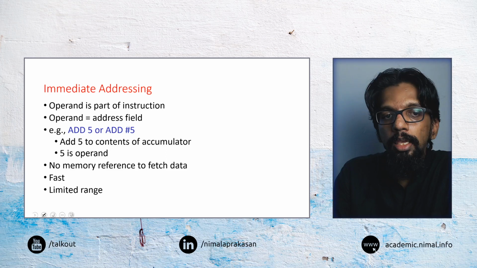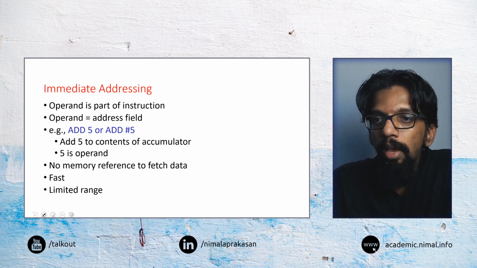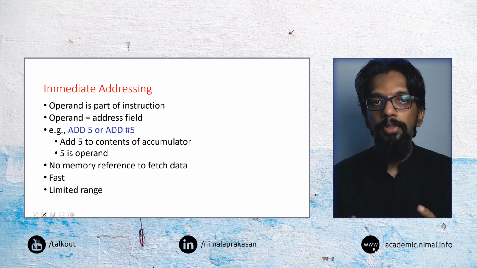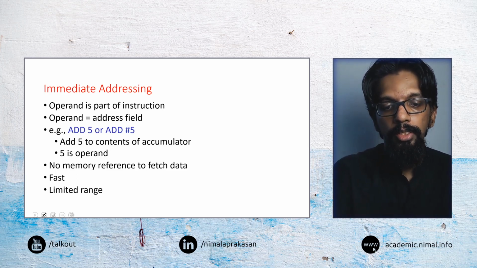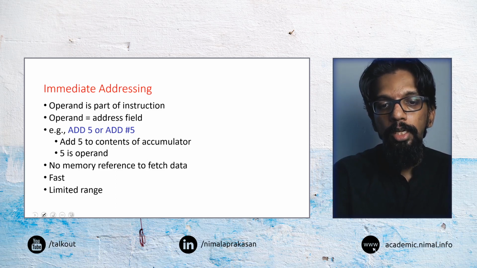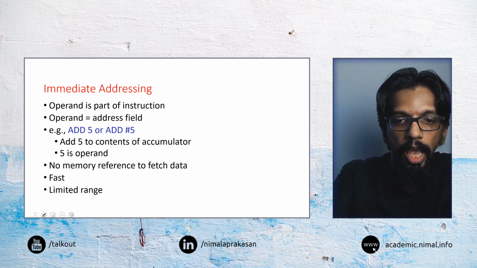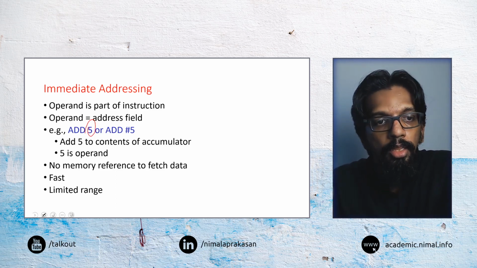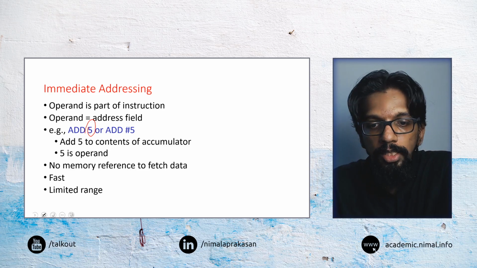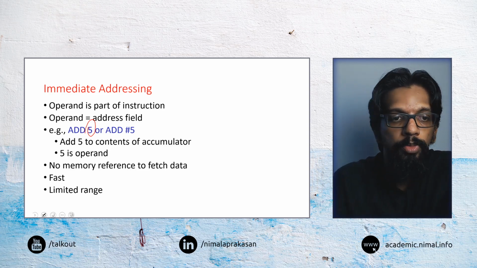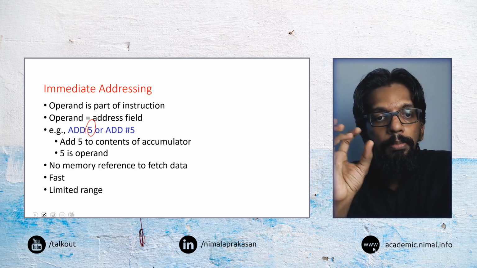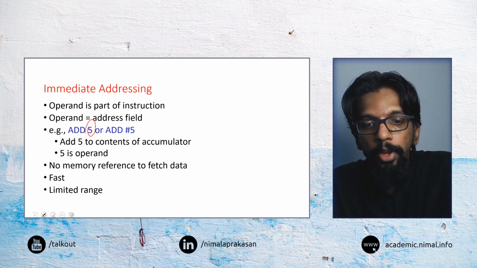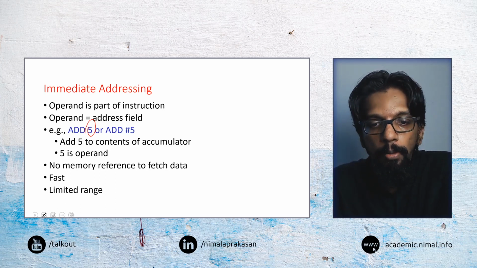When we say immediate addressing, the operand is part of the instruction. So here, for example, in this addition instruction, the operand is 5, and the 5 is part of the instruction. So there's no point in pointing to somewhere in a memory location.